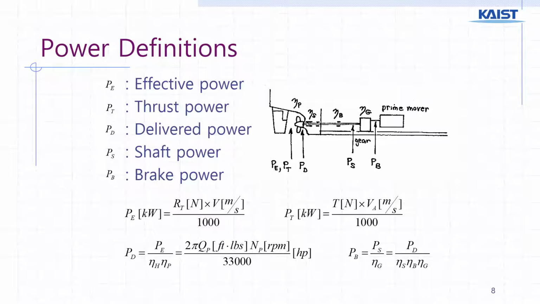And then there is a gearbox. So there is loss: gear efficiency, bearing efficiency, shaft efficiency, shaft sealing efficiency, and then propeller efficiency. So there are so many efficiencies. And there are definitions of what is meant by these powers.